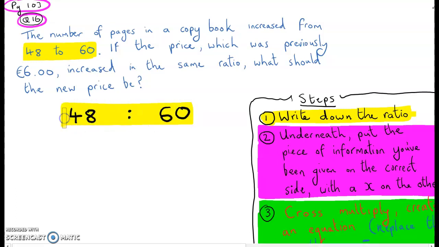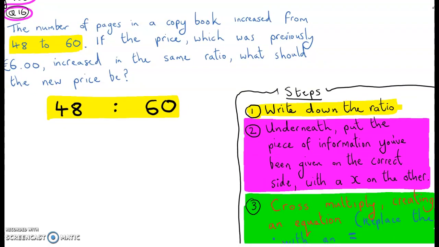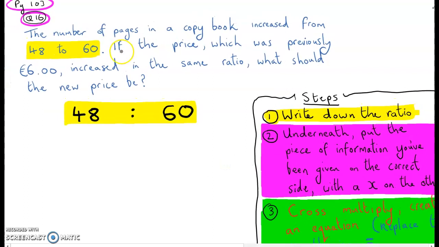Same colors. Okay, step 2. Underneath, put the piece of information you've been given on the correct side with an X on the other side. Now, what does that mean? It says, if the price, which was previously €6, so am I going to write €6 here, or am I going to write €6 here?